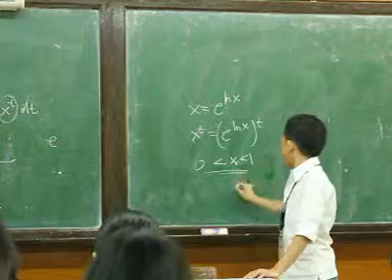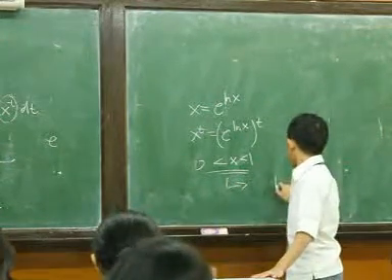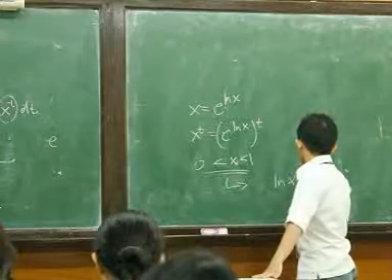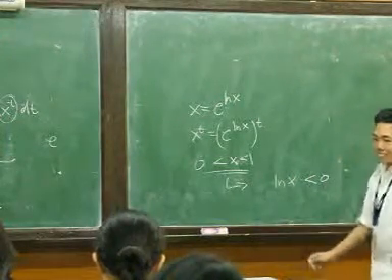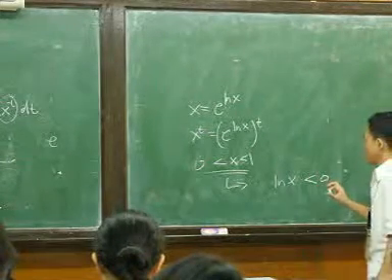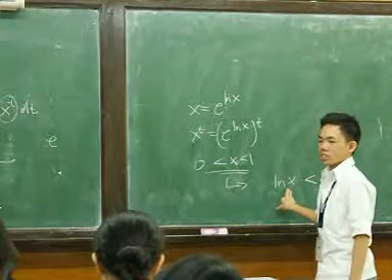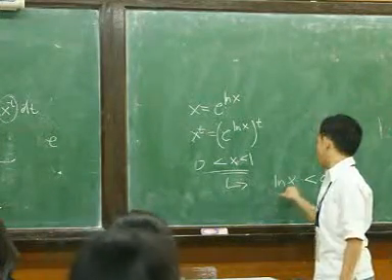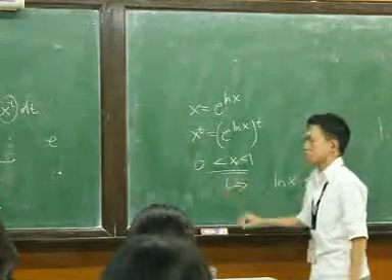So this implies that ln x must be less than 0. Would you agree? If you try to get ln 1 half, then you get negative 0.693, right? And then 0 is for infinity, but we don't consider 0.